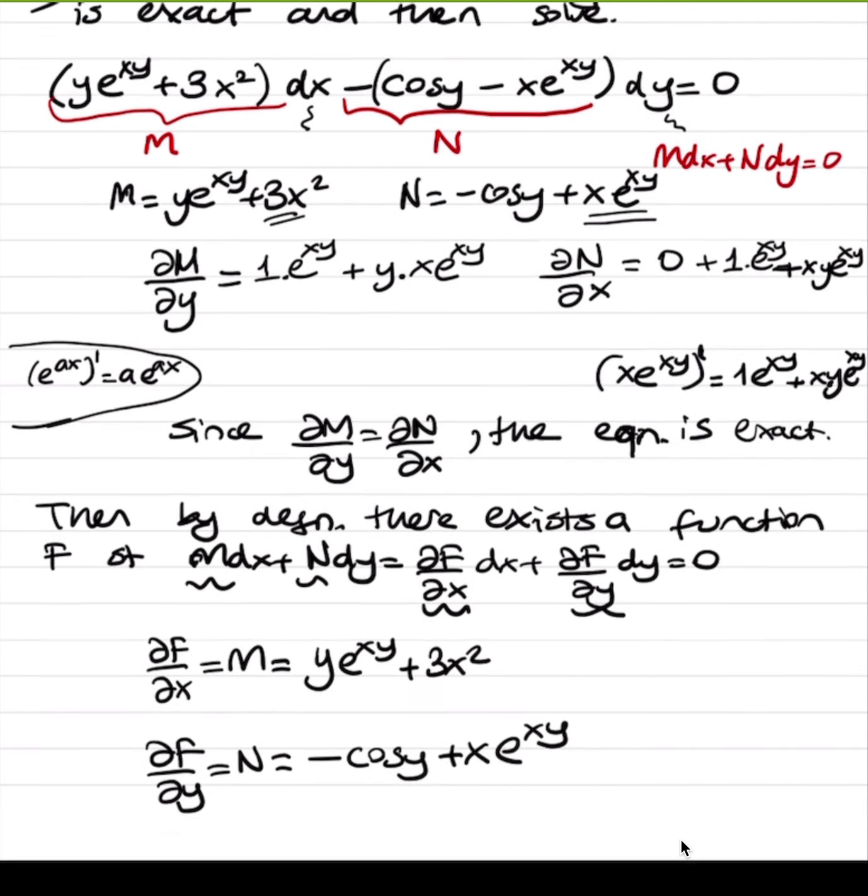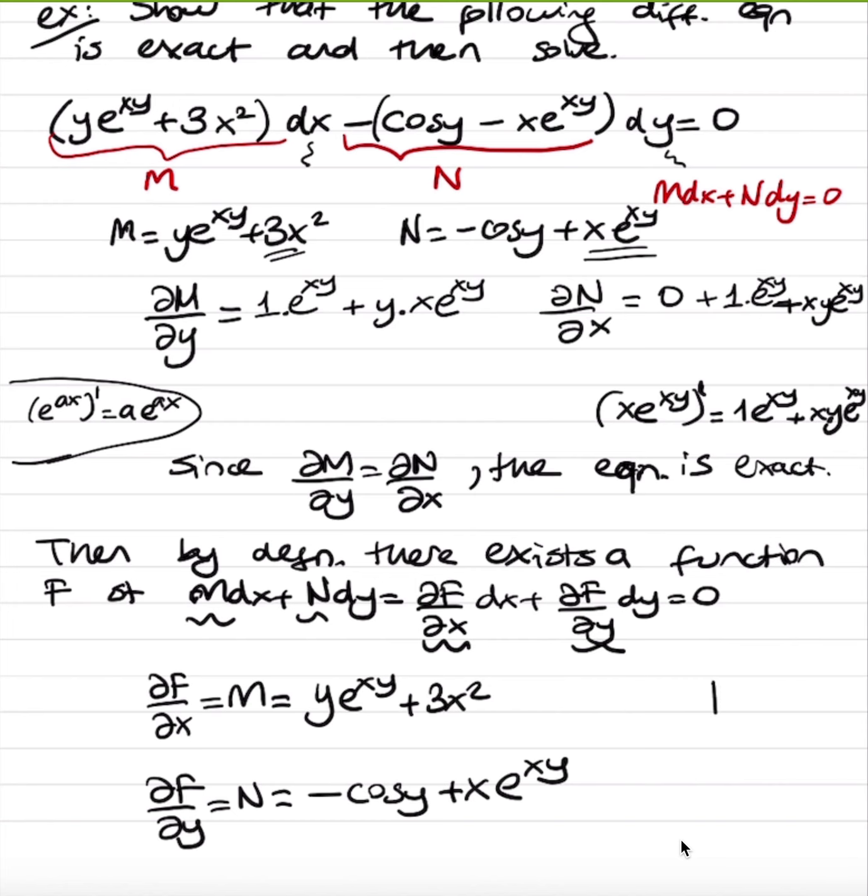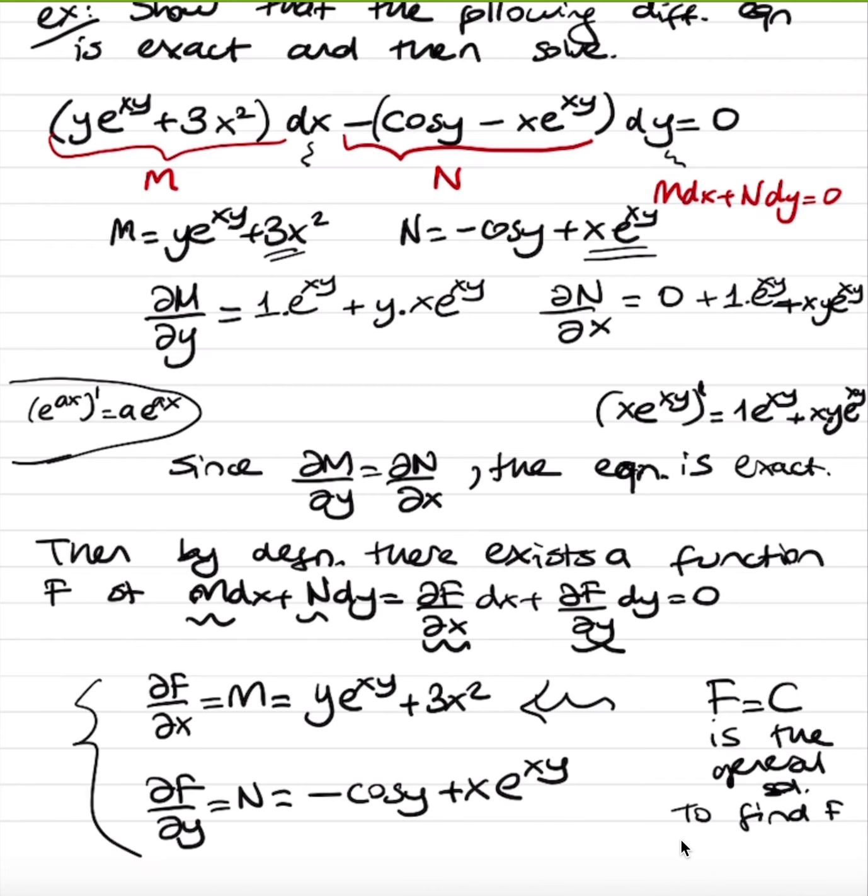Okay, to find f, we know that f is equal to c is the general solution. So to find f, we choose one of these and integrate. We will use these two equations to find f.